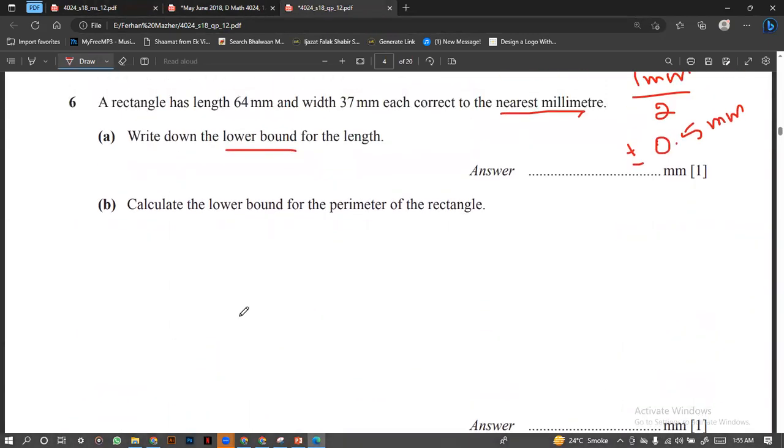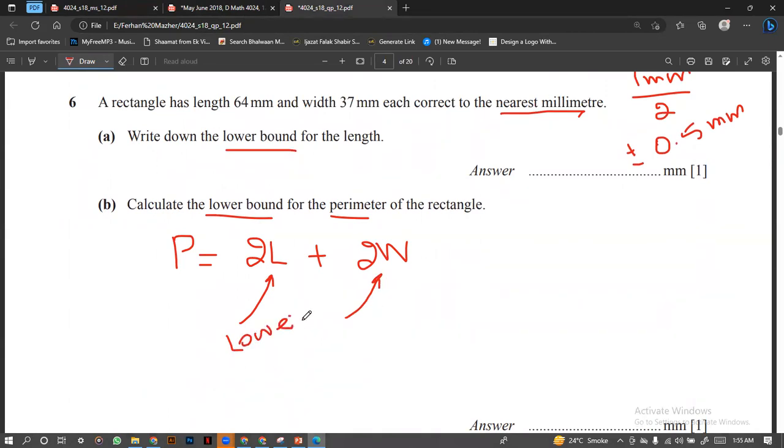Then they say calculate the lower bound for the perimeter of the rectangle. The perimeter of the rectangle is 2 length plus 2 width. If you want the lower bound of the perimeter, the lower value of the length will be used, and the lower value of the width will be used.